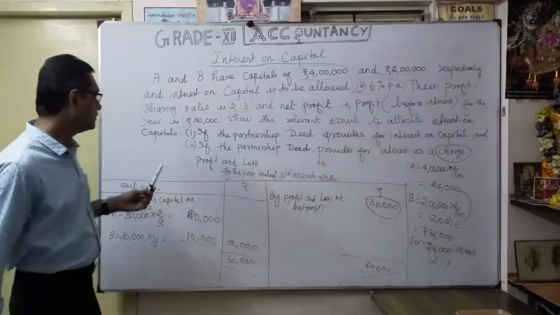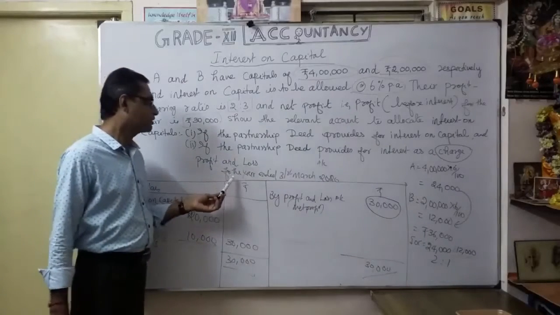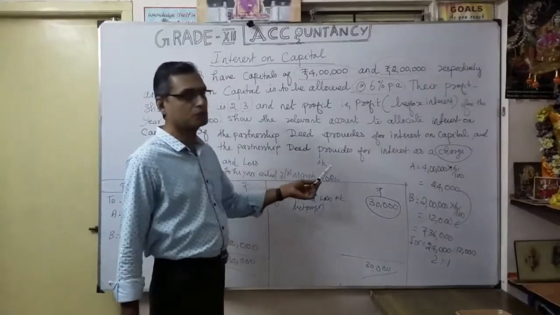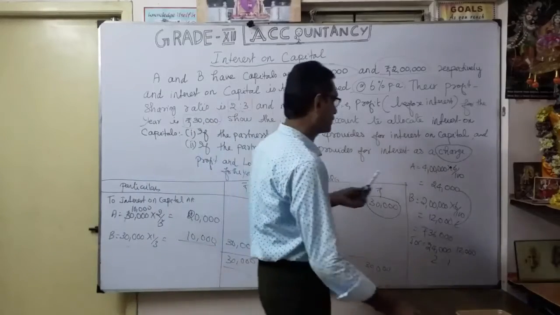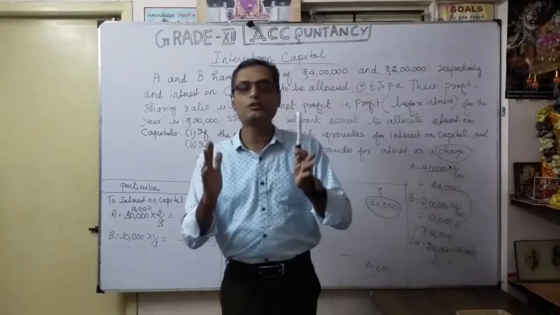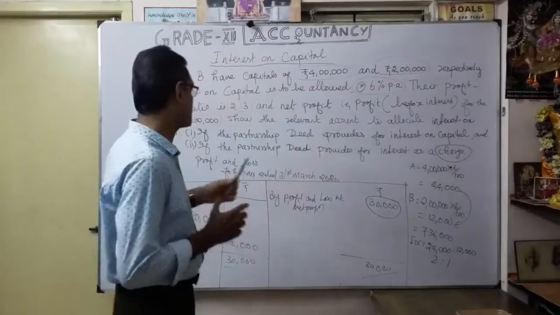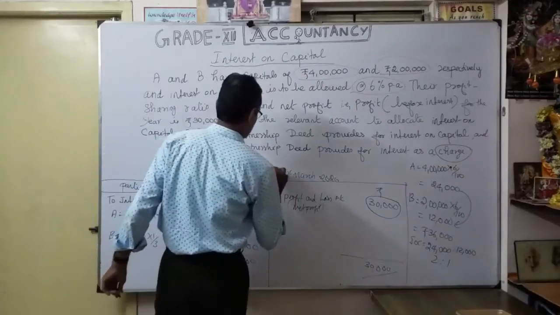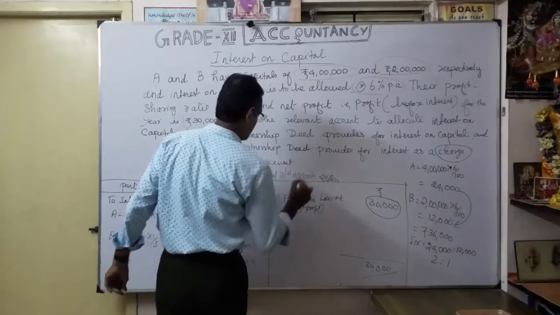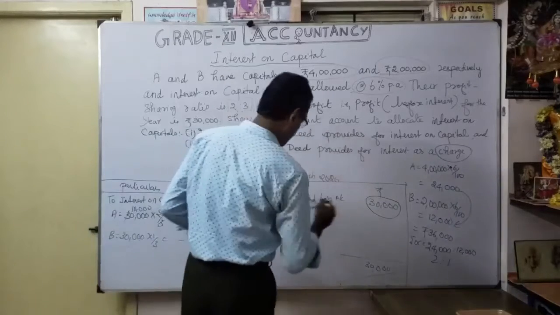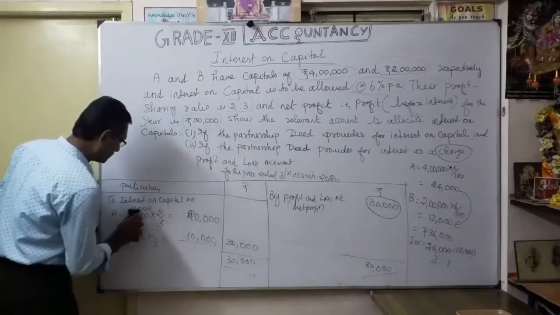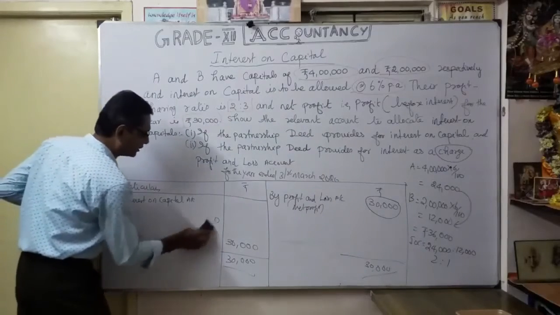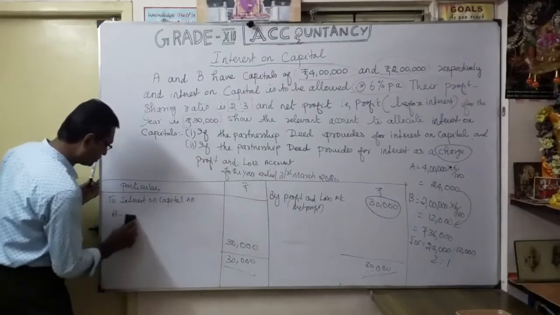You open profit and loss for the year ended 31st March 2020, because the interest is shown in the profit and loss account only. The profit is 30,000, but here it is very simple: whatever the interest on capital is, you show it fully.